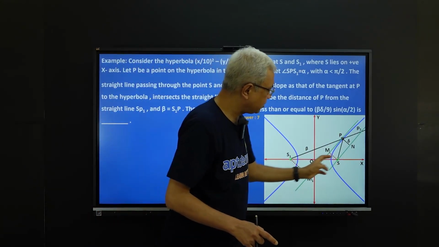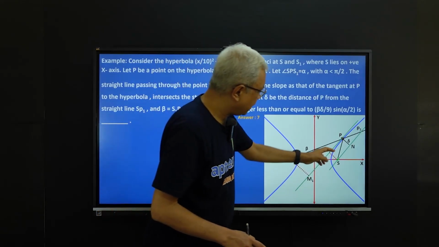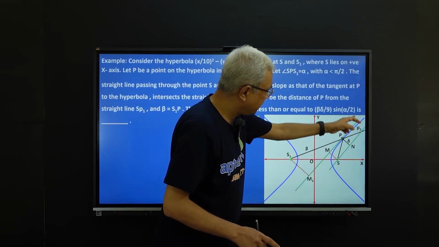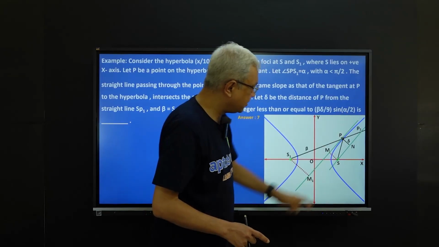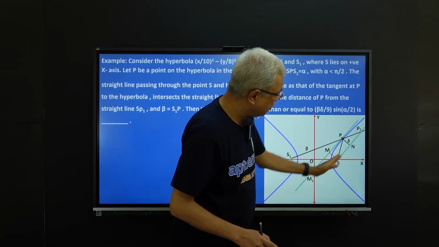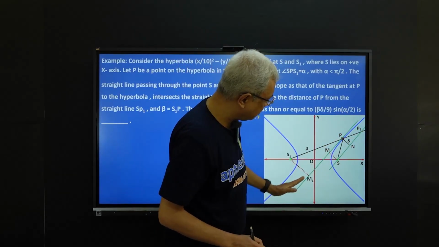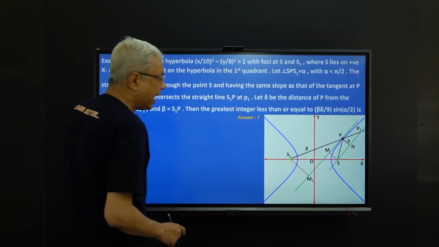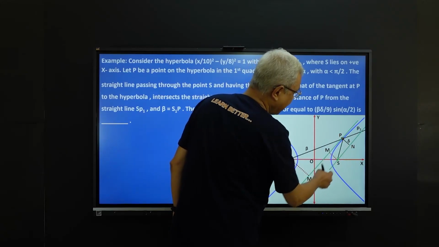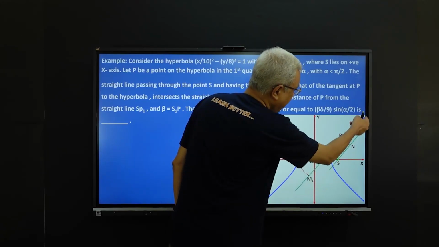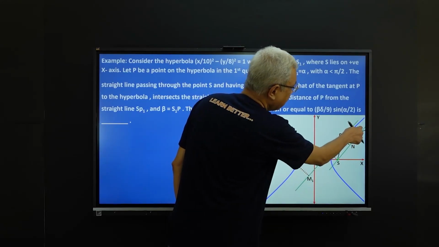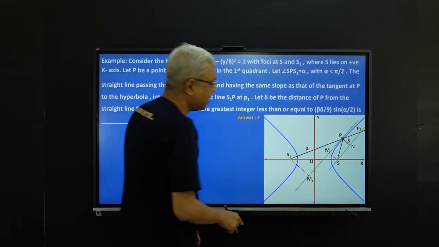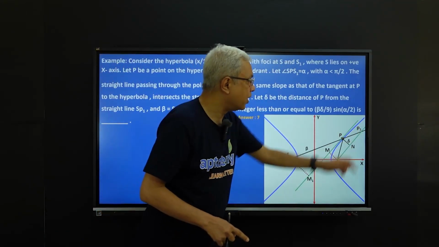S1 and S are two foci, and at the point P there is a tangent which is a green line, and through S I have drawn another green line which is parallel to the tangent, having the same slope as that of the tangent. This line through S cuts the extended S1P at the point P1.